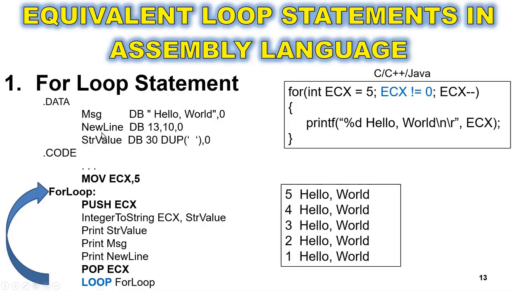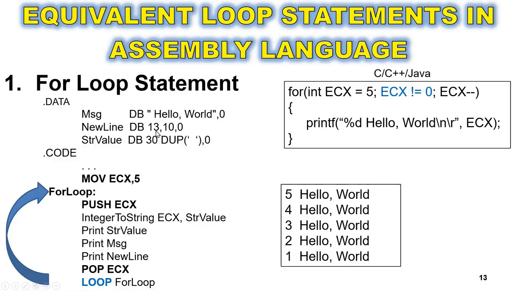Whenever we print this memory variable, the blinking cursor will move to the next line. It contains an array of integer numbers: 13, 10, and 0.